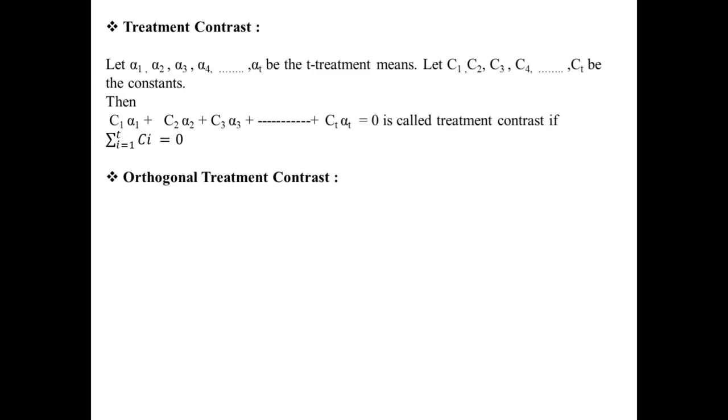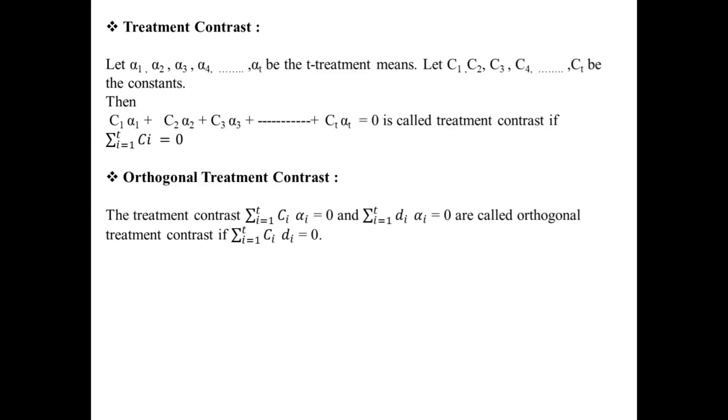Then the next term is orthogonal treatment contrast. Suppose we consider one treatment contrast, that is summation over i Ci into alpha i equals 0, and a second treatment contrast is summation over i di alpha i equals 0.